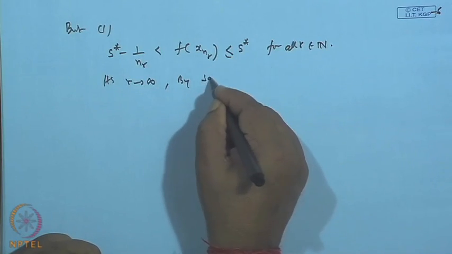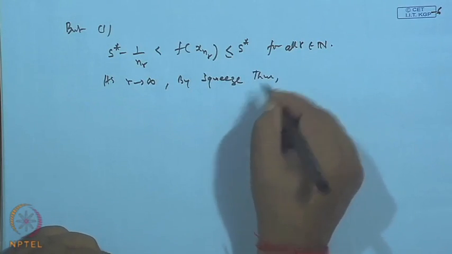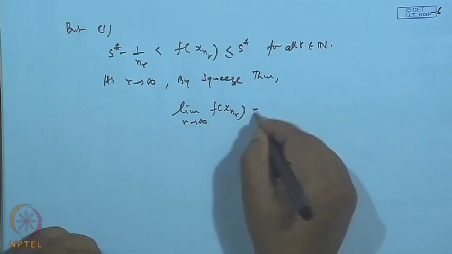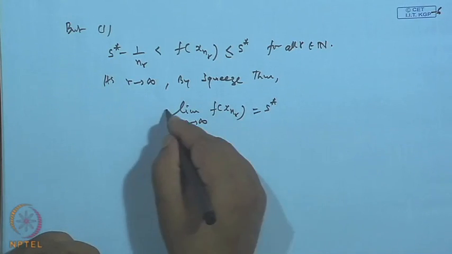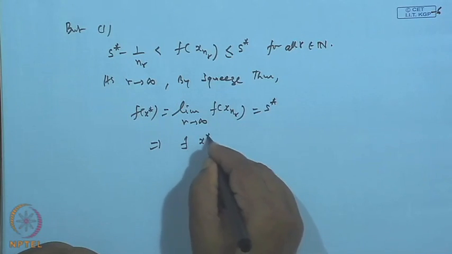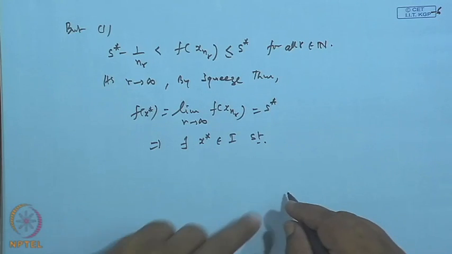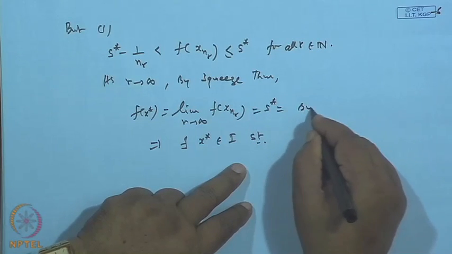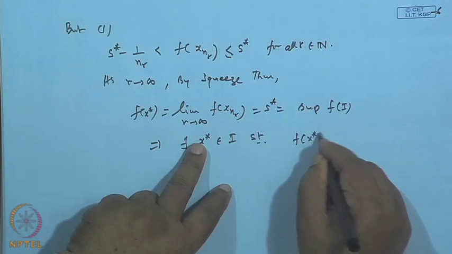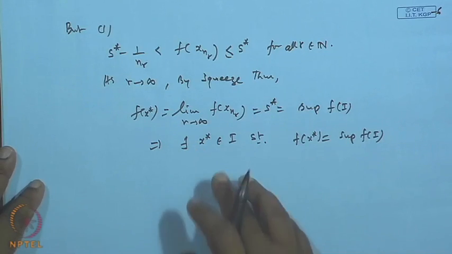So, by the Sandwich theorem, the limit of f of x_{n_r} as r tends to infinity will be equal to s star, but this limit is nothing but f of x star. So, this implies there exists an x star belonging to I such that f of x star is the supremum of f of I, and that proves the existence of the supremum.